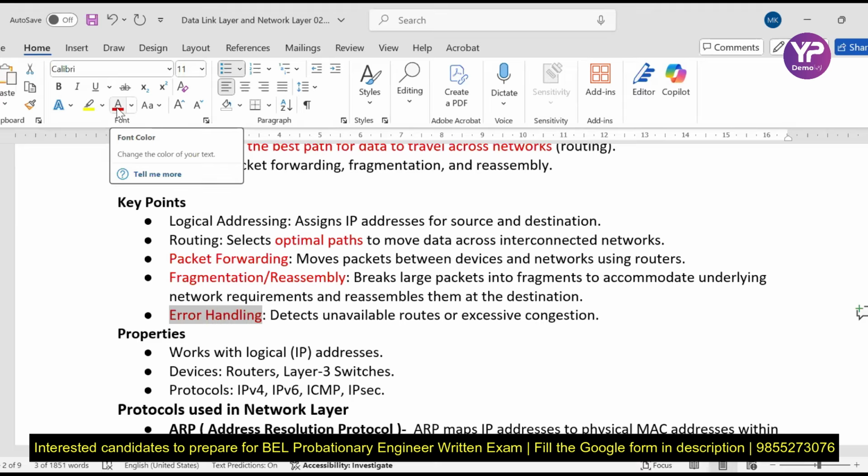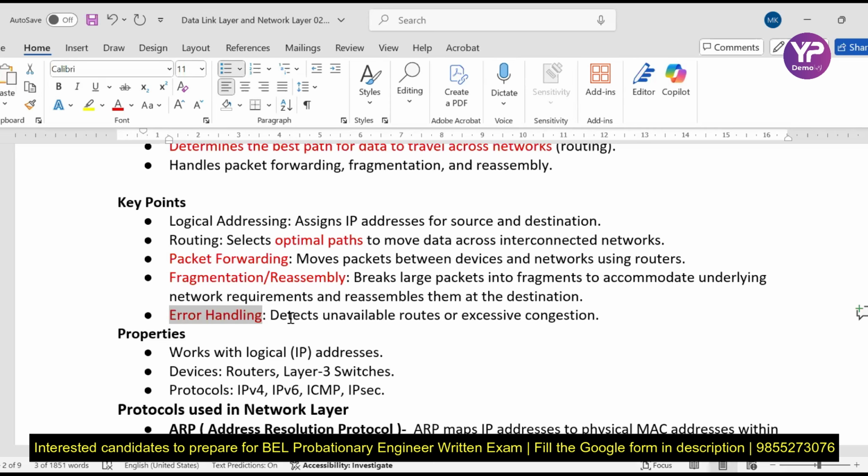Fine, payload. That is the main point. Now, error handling. The network layer also attaches its own info, and when these packets are forwarded over the network, they are fragmented. Keep in mind, my dear students, this line is very, very important: network layer error handling is only for the network layer info, called the network layer header.